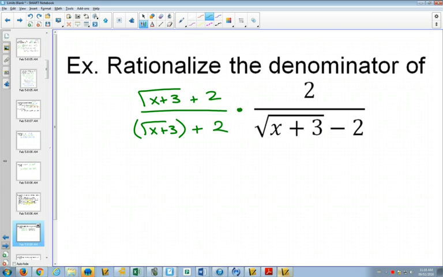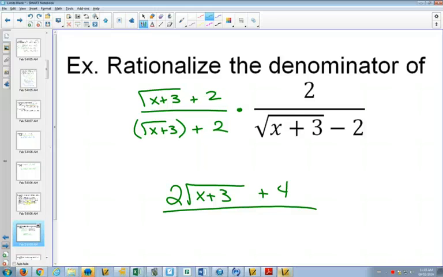What we'll end up getting on the top, we'd have to distribute, so we get 2 square root of x plus 3 plus 4. On the bottom, because this makes a difference of squares, we're going to get the first one squared. When that gets squared, the square root would go away. We just have x plus 3 minus the second one squared.